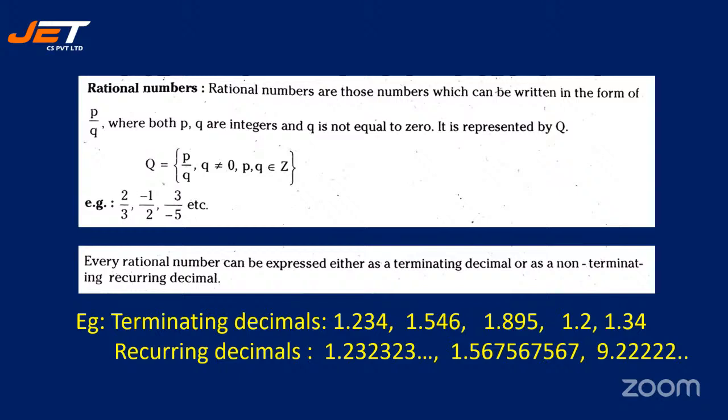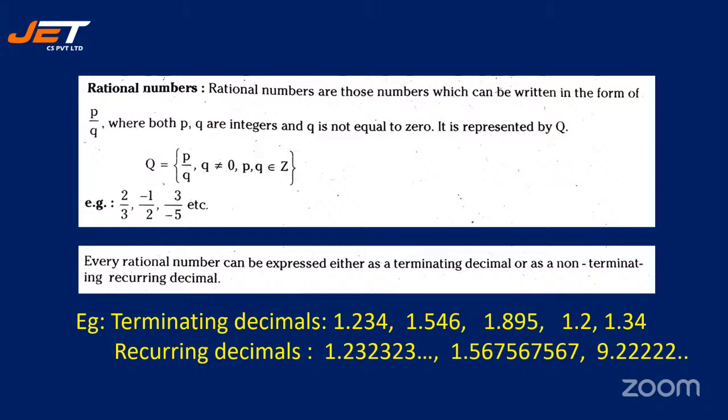In many things you would have seen 100 by 3 becomes 33.3333, so it keeps on repeating. Terminating means it does not get repeated; even after keeping decimals, it gets ended. So 1.546, 1.895, 1.2, 1.34, and so on.